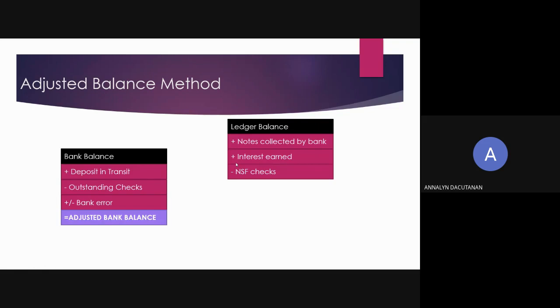And as discussed, if there are non-sufficient funds checks, you need to deduct it on your ledger balance. And for any service charge, say for example, minimum amount fee, minimum maintaining balance, bawas mo yan. Okay? Kasi mababawasan yung account mo.